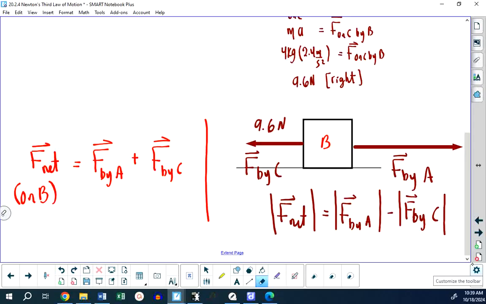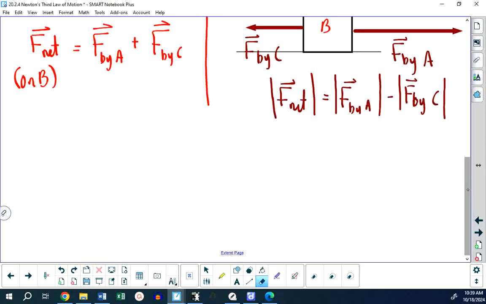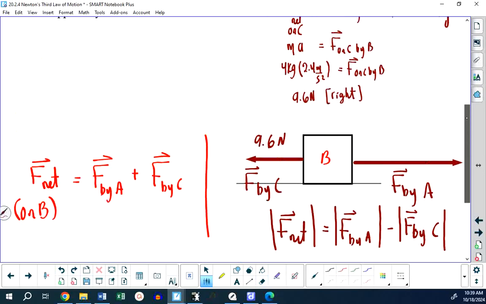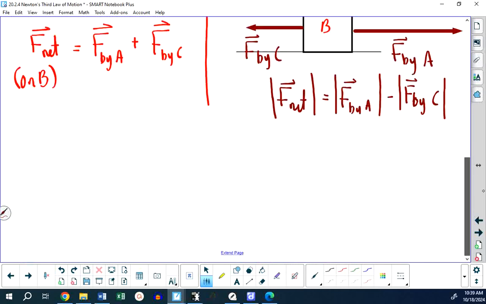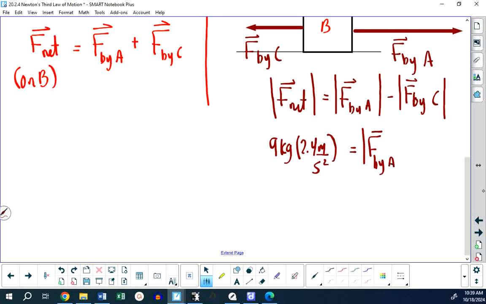So, what do we do? Well, this is MA. This is 9 kilograms times 2.4 meters per second squared. This is what we are trying to find. And this is 9.6 newtons.